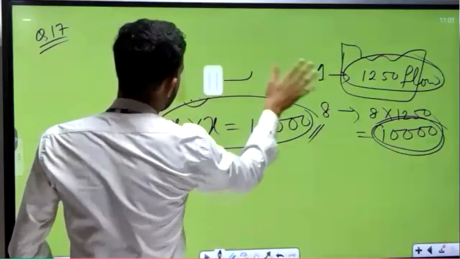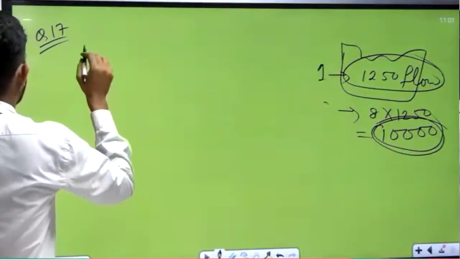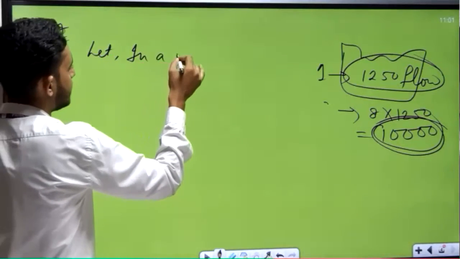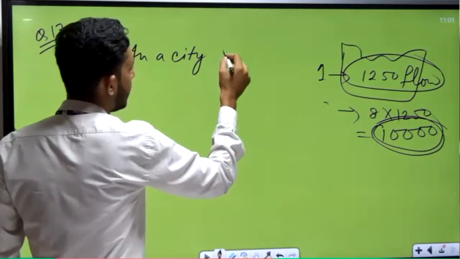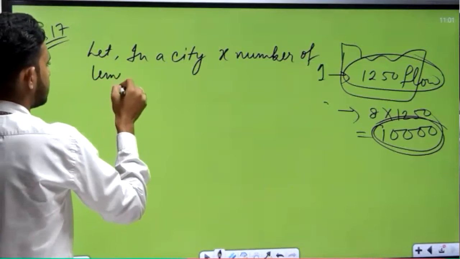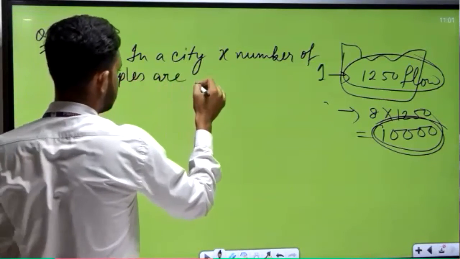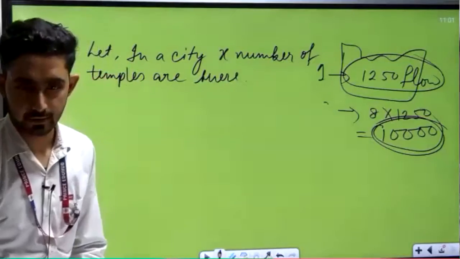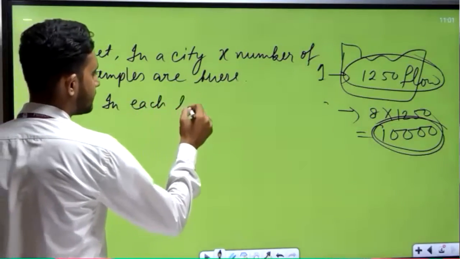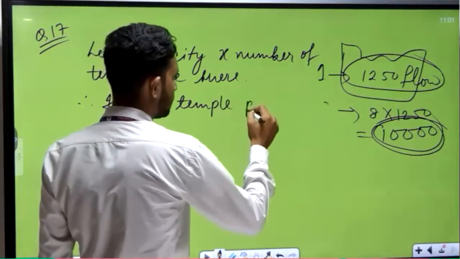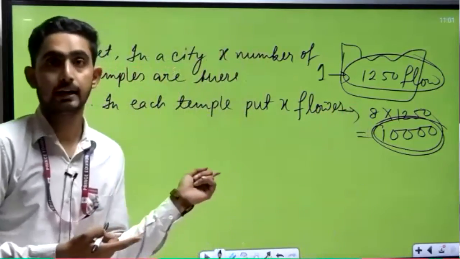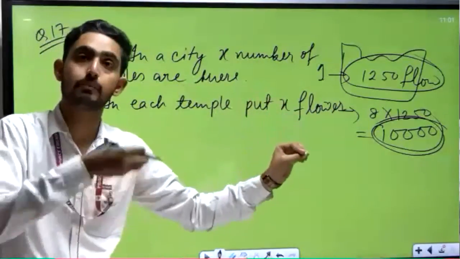How? See, I'm writing the question properly. First of all, write: let X number of temples be there in a city, and in each temple X flowers are put. Because the question says the number of flowers given should equal the number of temples.